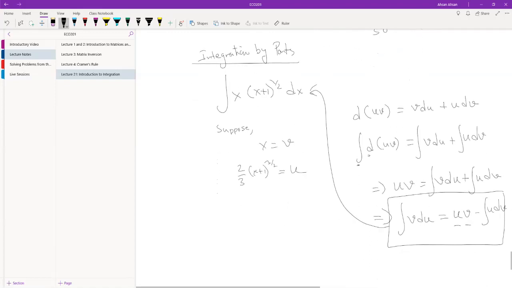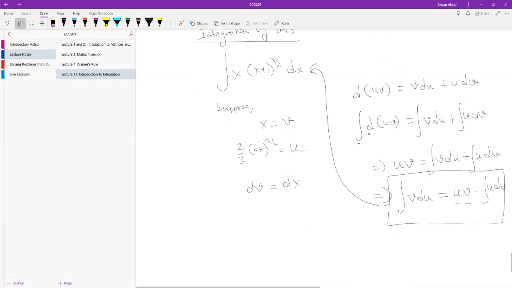If we have this, what we also have is that dv is equal to dx, and du is equal to how much will we get if we differentiate this with respect to x? We get (x plus 1) to the power half, which is what we have here. And so now we're ready to start integrating.